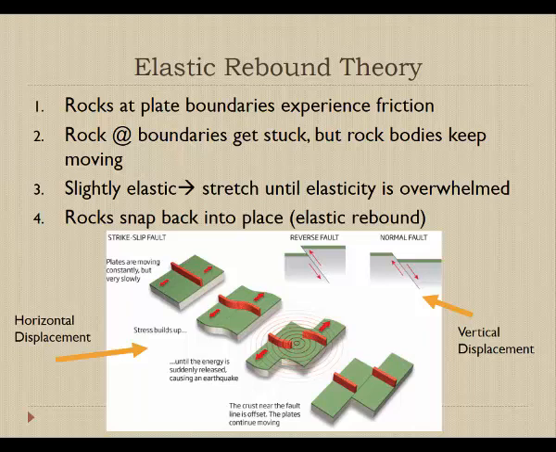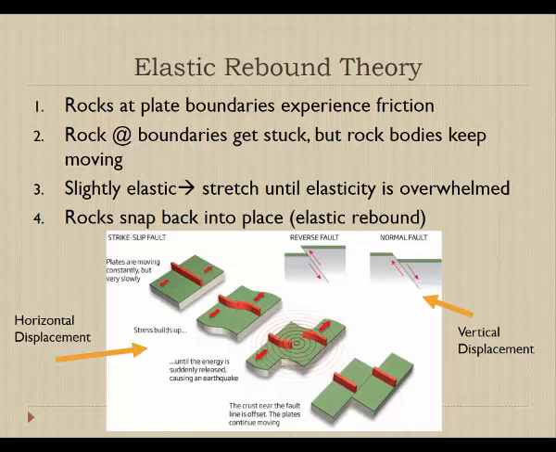Also, sometimes this displacement that's occurring is vertical, so part of a rock will be pulled vertically away from another part of the rock, and then the rest of the rock will snap forward to create more consistency, or will allow the back part of the rock to catch up with the upper part of the rock. So we have different names for these different kinds of faults.